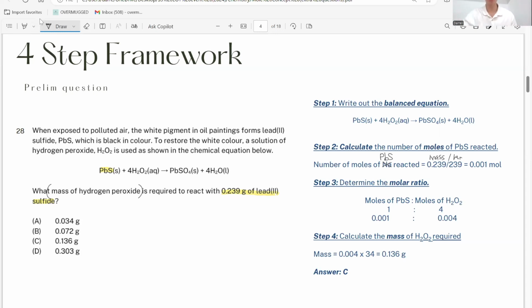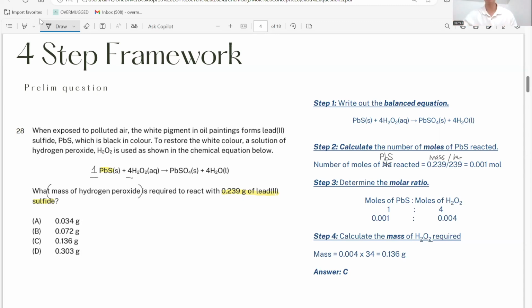So if you go back to the equation, there's no number in front of PbS, so we say that this is 1. What is the coefficient in front of hydrogen peroxide? 4. So when I compare my mole ratio, what's my ratio? 1 PbS gives me 4 H2O2.